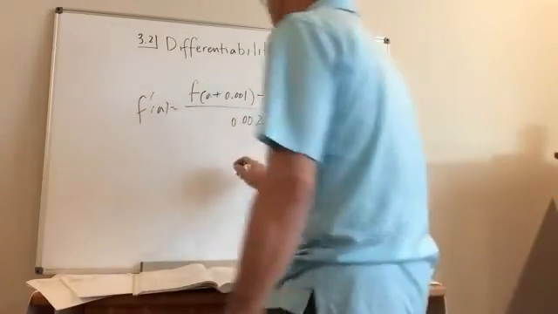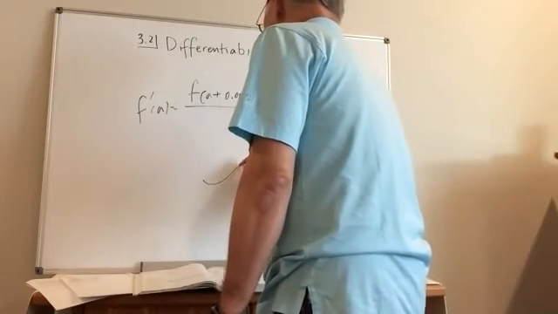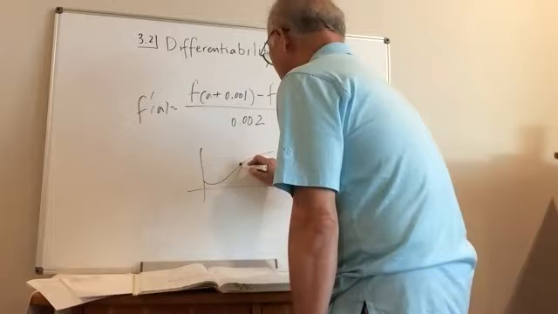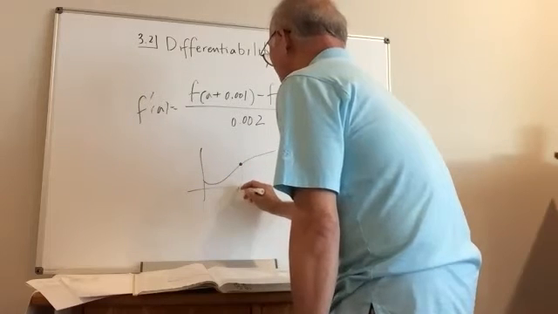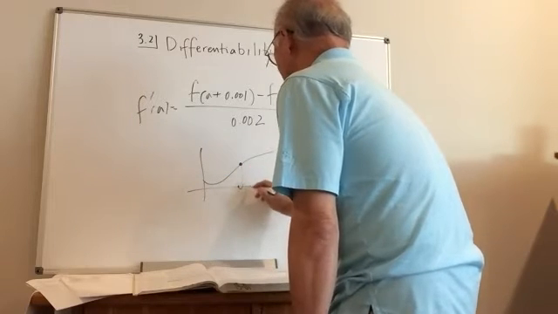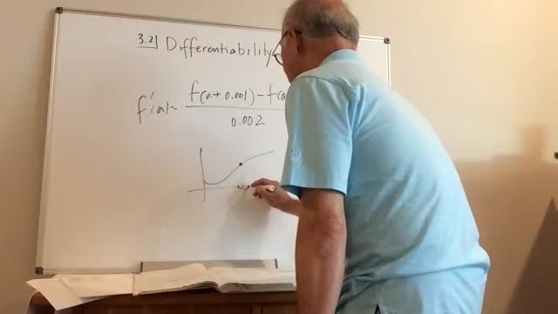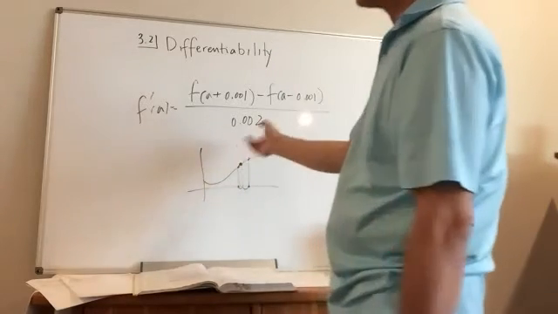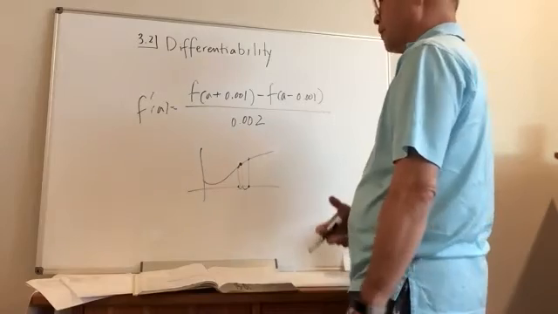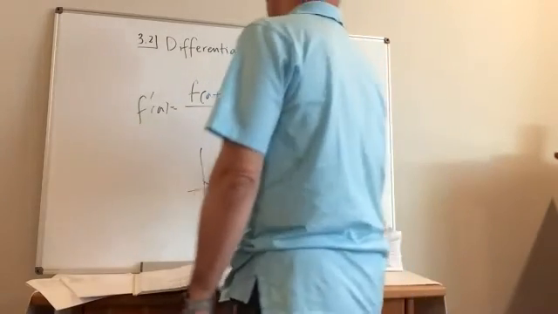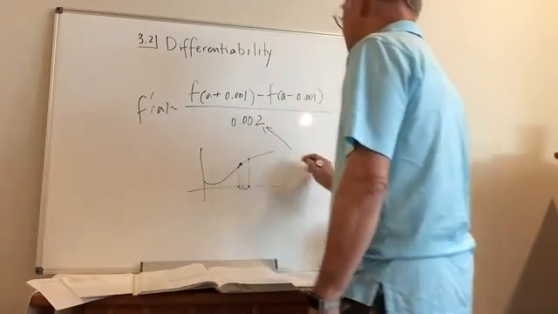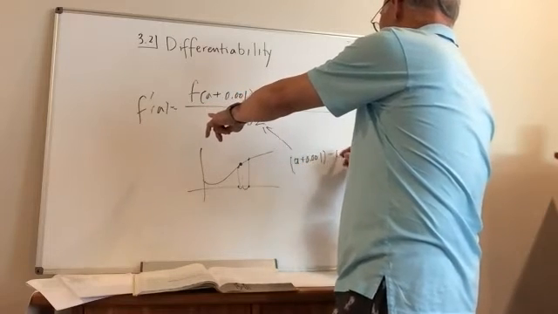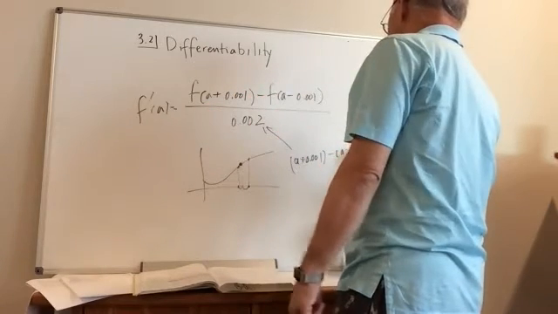What it's going to do is take any point on the graph, okay, and go 0.001 this way and 0.001 this way. And it's going to take the 2 points and find the slope between those 2 points. Okay? So this is the same as a plus 0.001 minus a minus 0.001.